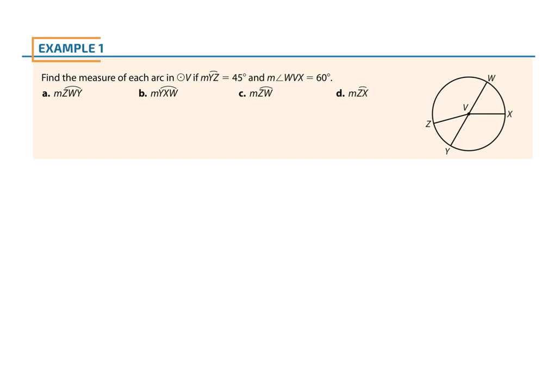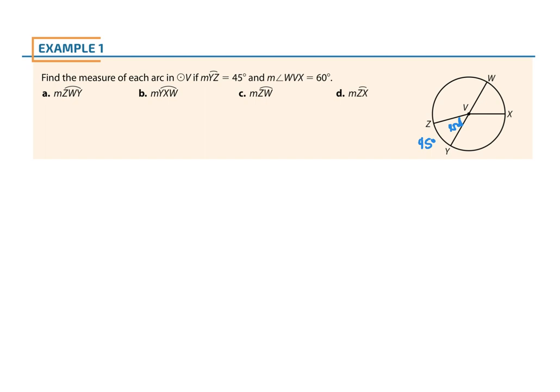We're going to talk about arc length next, but arc measure is the degrees or the angle that makes it up. So if they told me that YZ was 45 degrees, then I know that the angle that makes up that arc is also 45 degrees, even if it doesn't look like it, all right? 45 degrees.